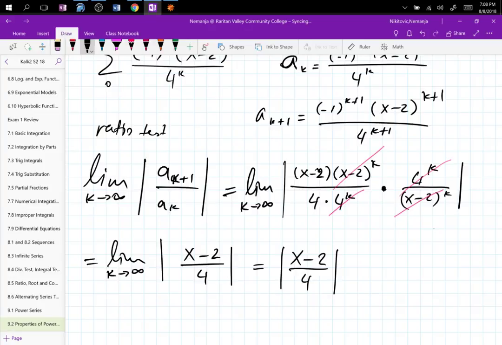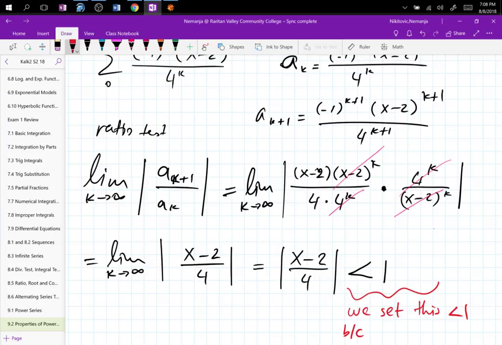The condition for convergence, and you are looking for the interval of convergence, is for this to be less than 1. Your job is to solve this inequality, right? We set this less than 1 because we want convergence.